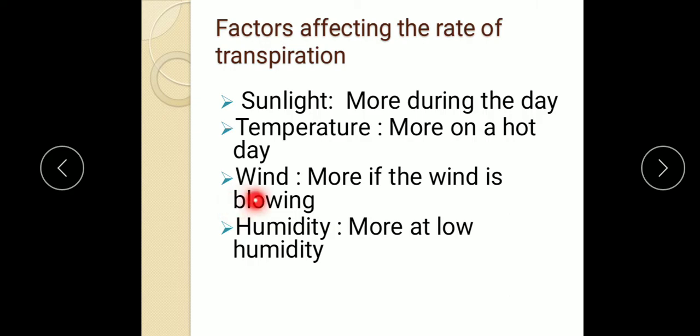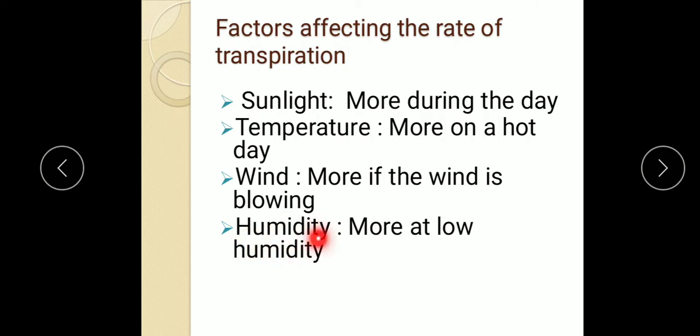Now, wind. The transpiration rate is more if the wind is blowing. This is because water vapor is removed faster from the leaves. And the last point is humidity. What is the effect of humidity?